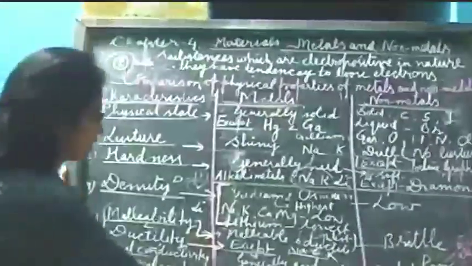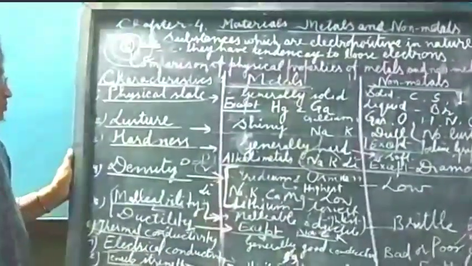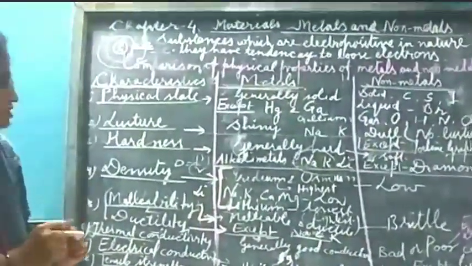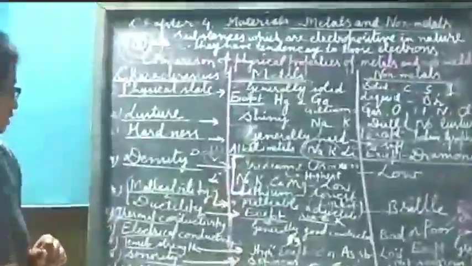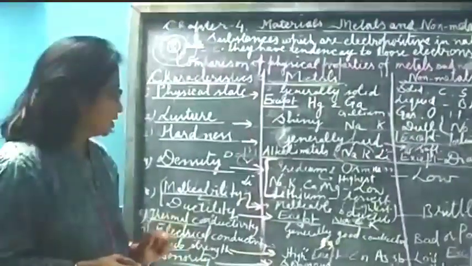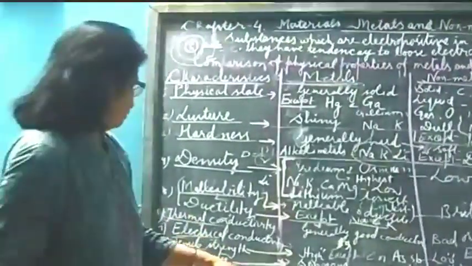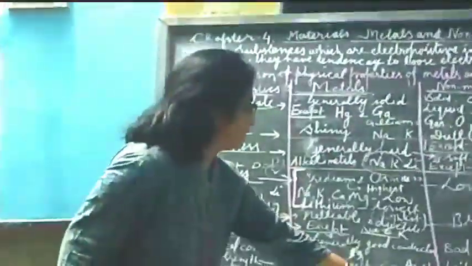Next property is their sonority. Metals are sonorous, means they will produce a sound. If you strike them against each other, they will create a ringing sound. Whereas non-metals are non-sonorous. They will not produce any sound. And the last property is their melting and boiling point. Metals have high melting and boiling points. Exceptions are gallium and cesium.